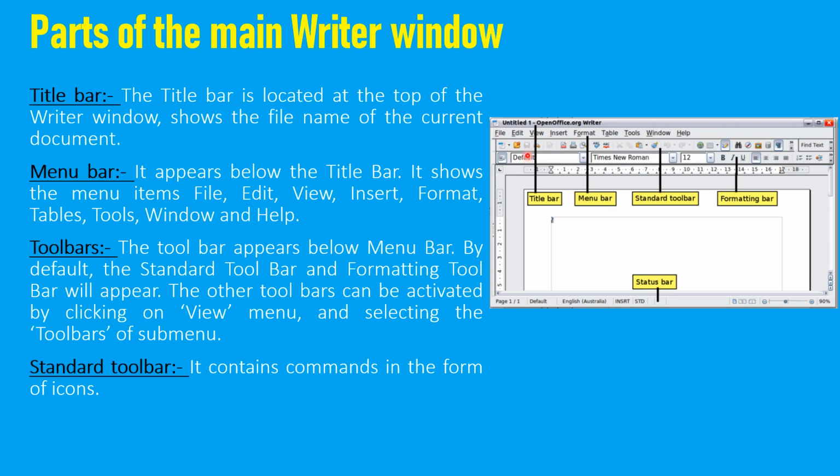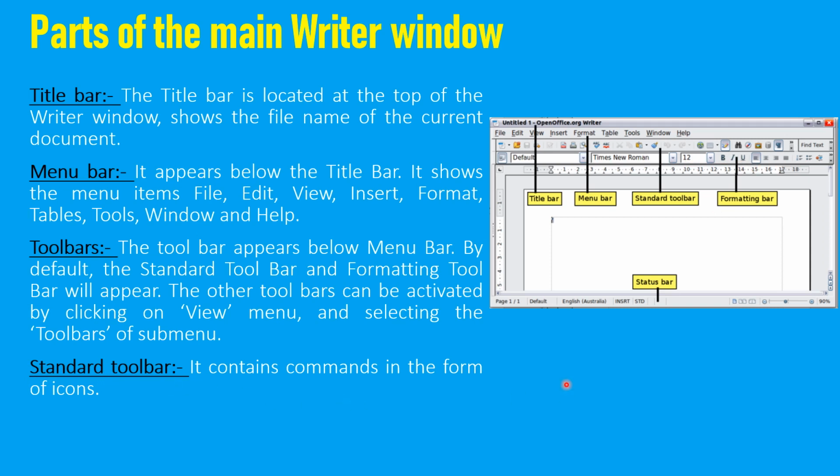Next is the toolbar. The toolbar appears just below the menu bar. By default, the standard toolbar and the formatting toolbar appear. The standard toolbar shows the icons of the various options, and the formatting toolbar shows the options regarding the font, size, bold, italic, alignment, etc. Next is the standard toolbar.